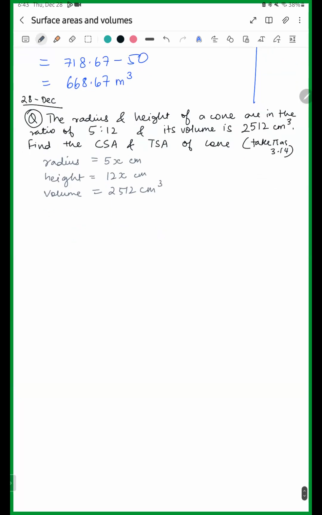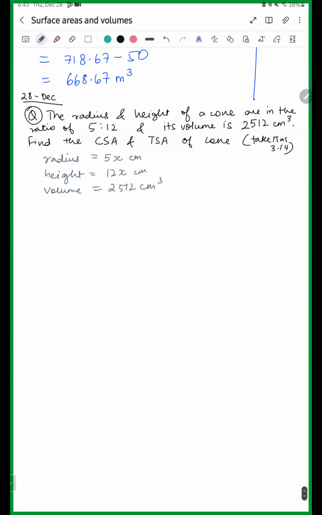So now what is the formula of volume of a cone? Cone volume is equal to 1 by 3 pi r square h, right?